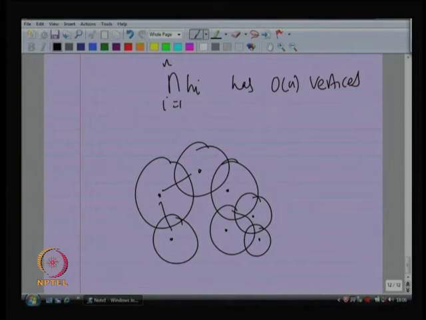The vertices of the graph are the center points of the disks, and you connect two centers by an edge if the intersection point of those two disks, at least one of them, appears on the boundary of the union. So for example, here you connect. Well, let me put this one also. So this is the graph you get, and the claim is that this graph is planar.